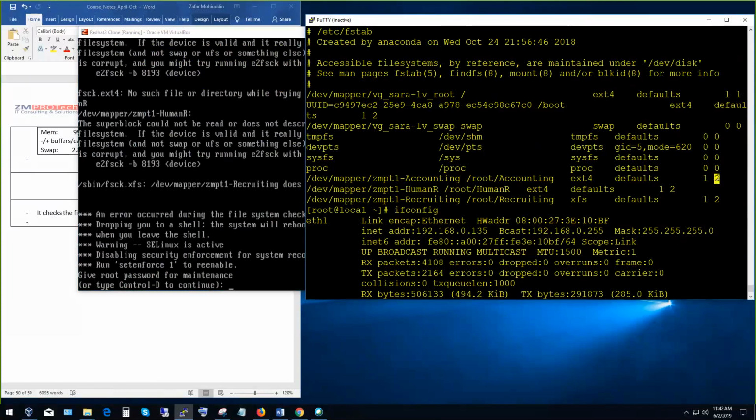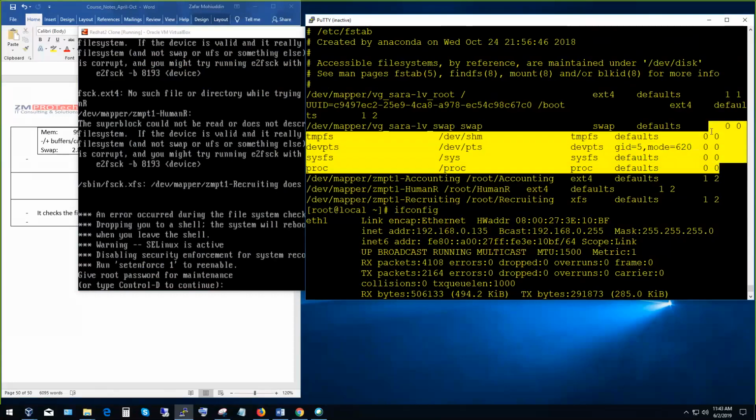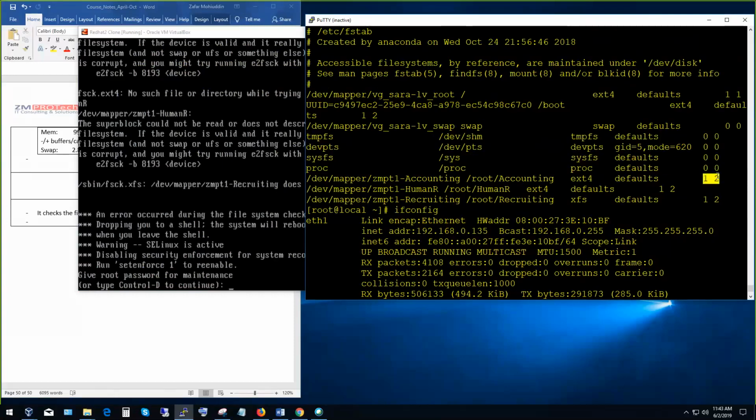What it's doing here is it's going to check the file systems in that order. This is what it exactly did. We set the order to check this file system as a secondary task in its file system check. But if we had put 0 here, it would have skipped that.